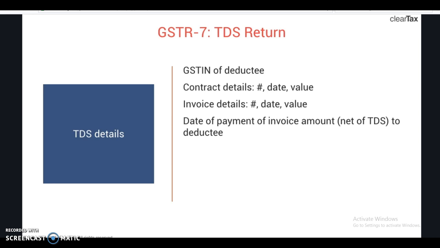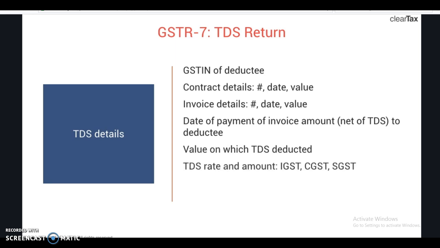That you will have to mention the date, the total value on which TDS was deducted, the taxable value on which TDS is deducted, the rate of TDS and the amount, IGST, CGST and SGST, the percentage of tax that has been deducted, and as always, any revision made to these details in any of the previous returns during the current period, you will have to give that as well. It's very straightforward. Just deductee related details, invoice related details, the value and TDS related details. That's all that you have to give under this heading.